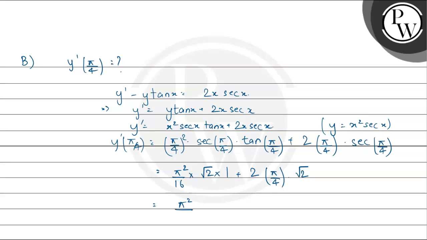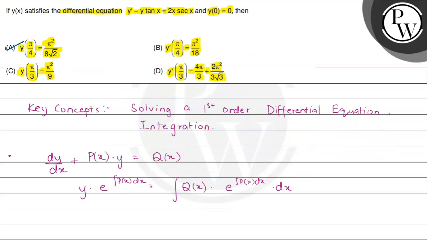This is basically pi square upon 8 under root 2 plus 2 into under root 2, which is 2 root 2, and 2 root 2 times pi upon 4 is basically pi upon under root 2. So this is our value of y dash of pi by 4. In the question, we are given that y dash of pi by 4 is pi square by 18, so we can clearly see that it's false.